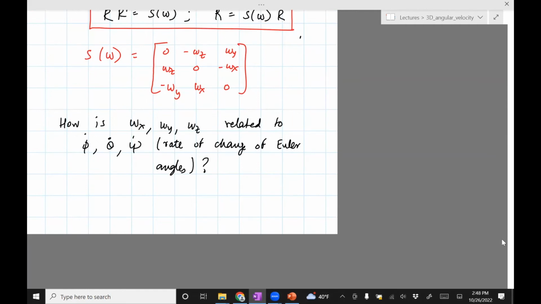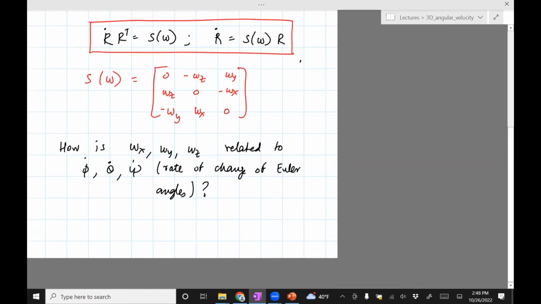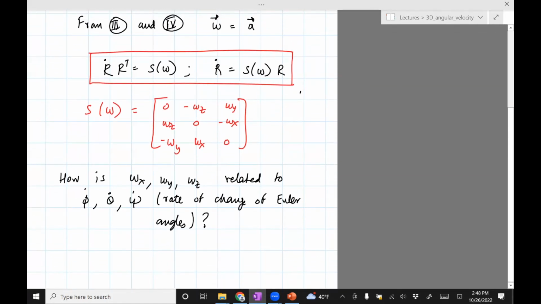Now we're going through a slightly elaborate derivation of figuring out how omega is related to the rate of change of Euler angles. We'll start with the definition of S of omega. It's R dot times R transpose. We know what R is based on Euler angles, so we'll expand that out, and whatever comes out will give you the relation between omega and the rate of change of Euler angles.